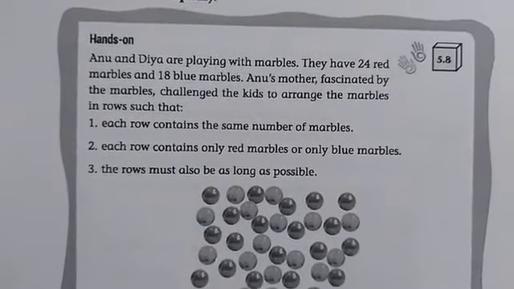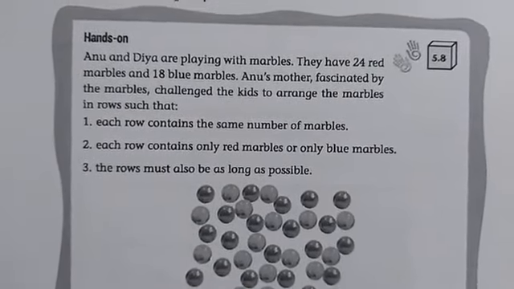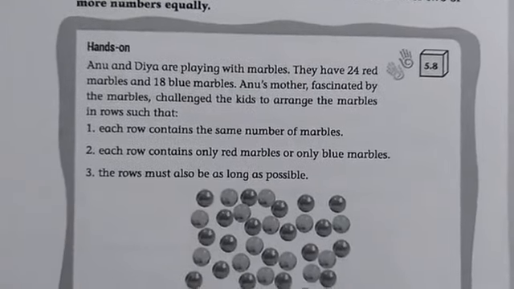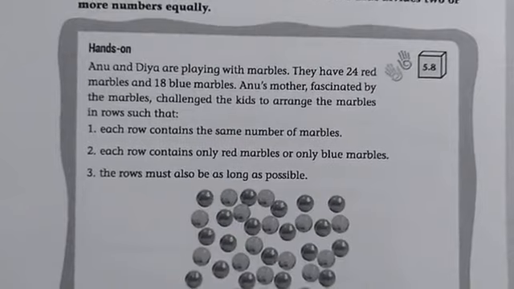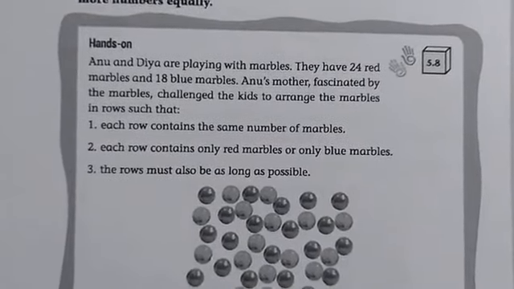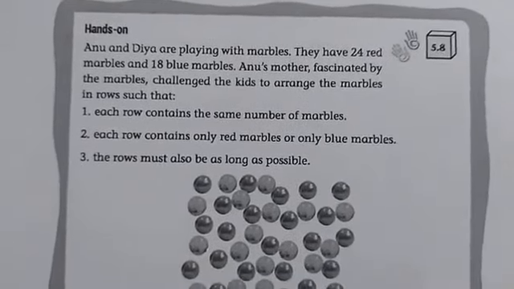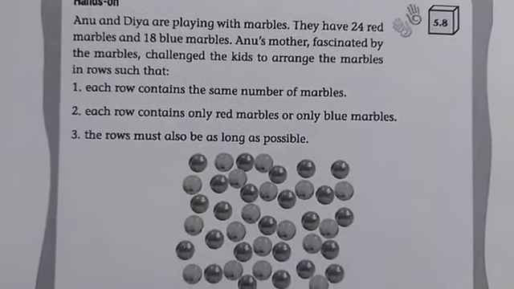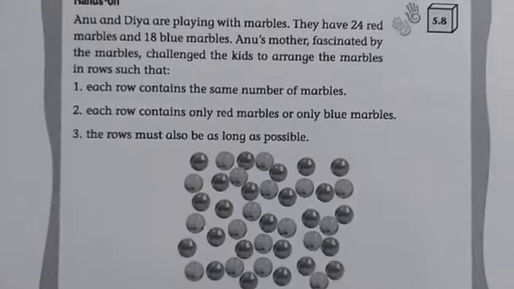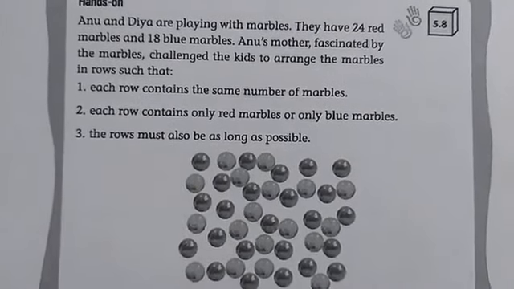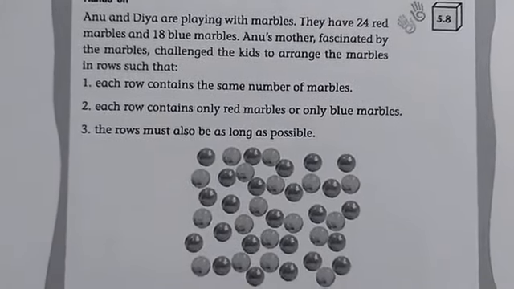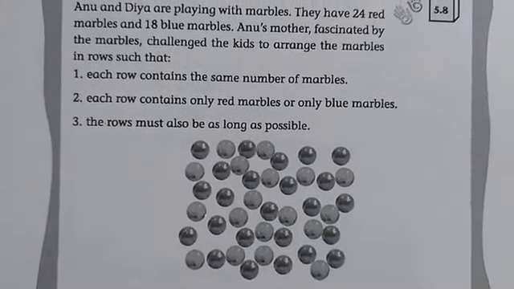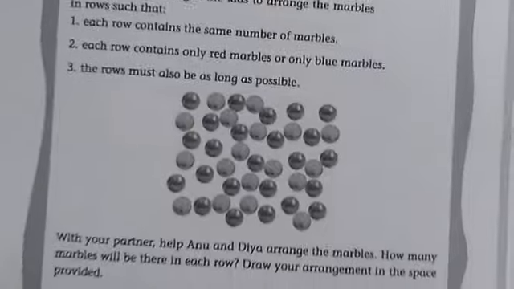They have 24 red marbles and 18 blue marbles. Anu's mother, fascinated by the marbles, challenged the kids to arrange the marbles in rows such that each row contains the same number of marbles. Each row contains only red marbles or only blue marbles. The rows must also be as long as possible.